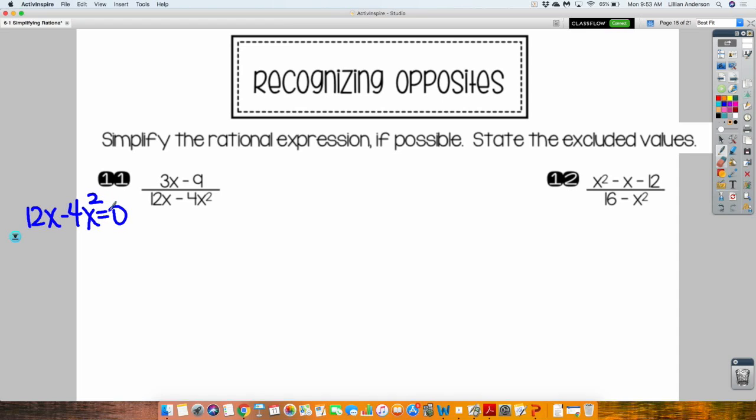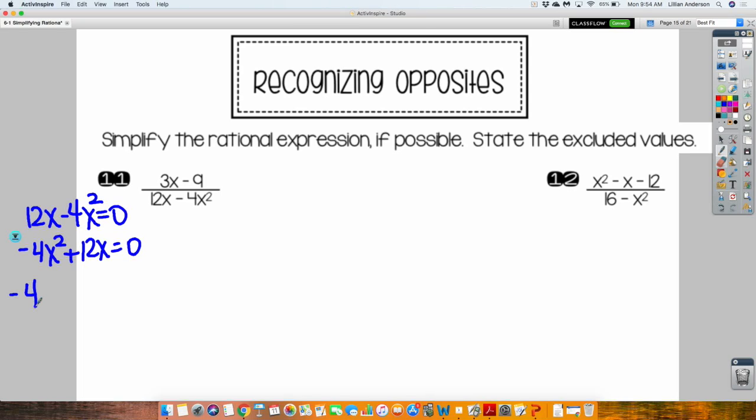Set the denominator equal to 0. Just like before, let's factor this in order to solve it. So you want to switch them? Yeah, you can. Nothing wrong with putting them in order. But now my question to you is, is there a GCF? I suggest factoring out that negative 4.